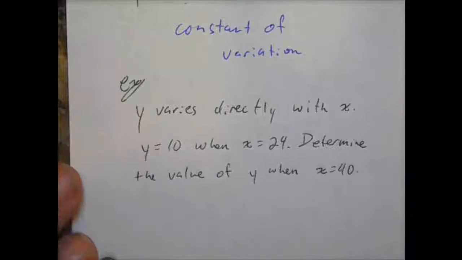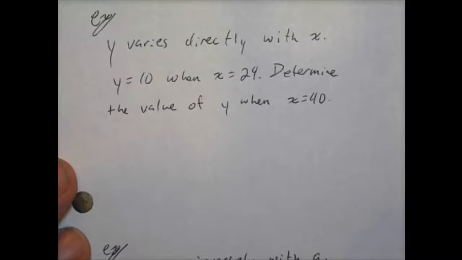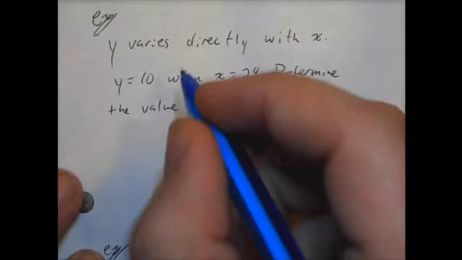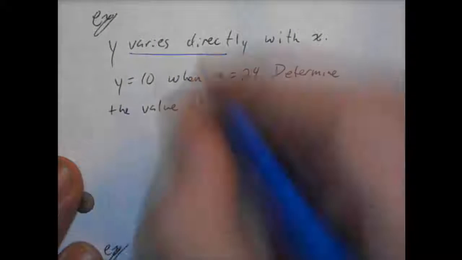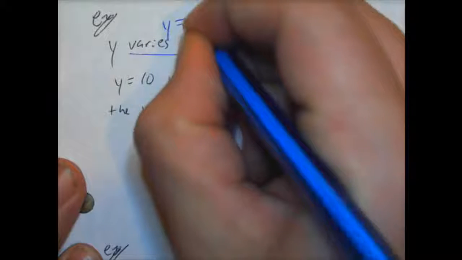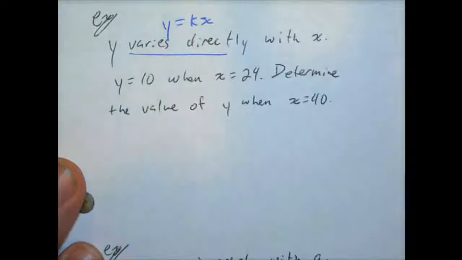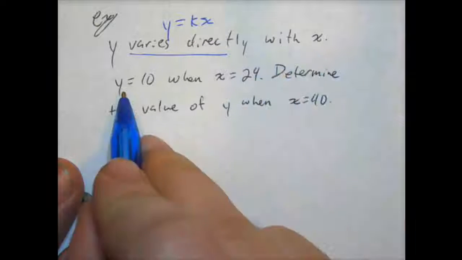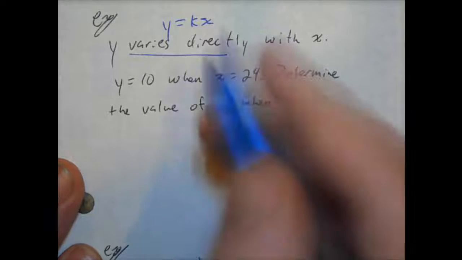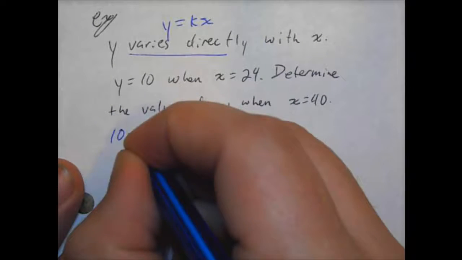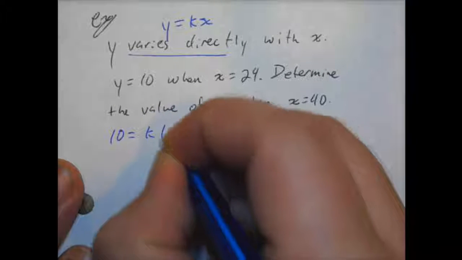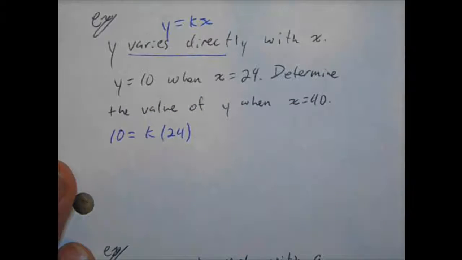So what you will see is situations something like this, where it says y varies directly with x. So since I have y varying directly, I know my equation would be y equals k times x. It also gives me y equals 10 when x is 24. So if I know that y is 10 when x is 24, this helps us to find our k.